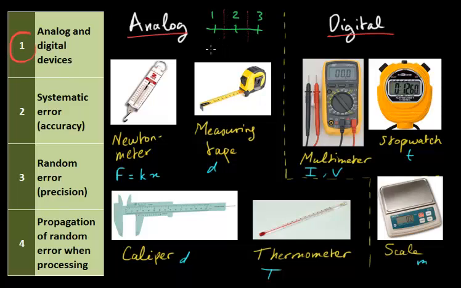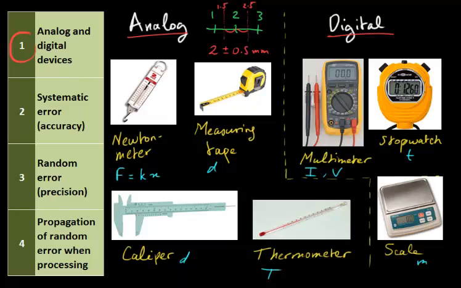So it means that in fact you read 2 millimeters plus or minus 0.5 millimeters. You're at most wrong by plus or minus 0.5 millimeters. In fact, when you're reading 2 millimeters here, you're reading something between 1.5 and 2.5 millimeters.